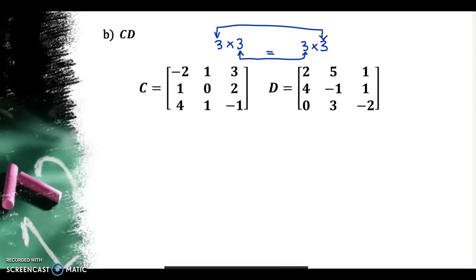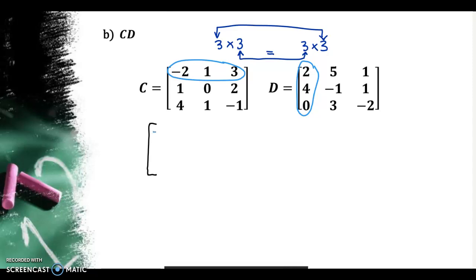Well, for our first entry, the entry in the first row and the first column, we're going to take the first row of C and the first column of D, and we're going to multiply the corresponding pieces and add them.